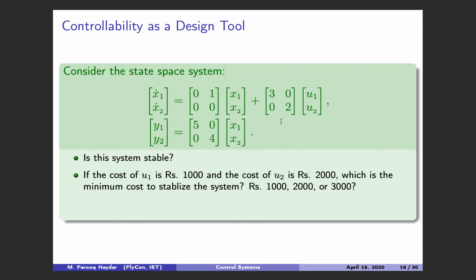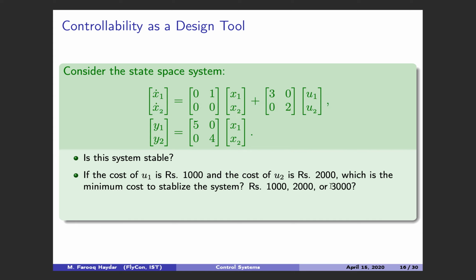Then can we stabilize it using only one input? Suppose the cost of the first input is 1000 rupees and the cost of the second input is 2000 rupees. What is the minimum cost to stabilize the system? Is it just 1000 if we are able to stabilize it using only the first input? If we can stabilize it using only the second input, then the cost would be 2000.